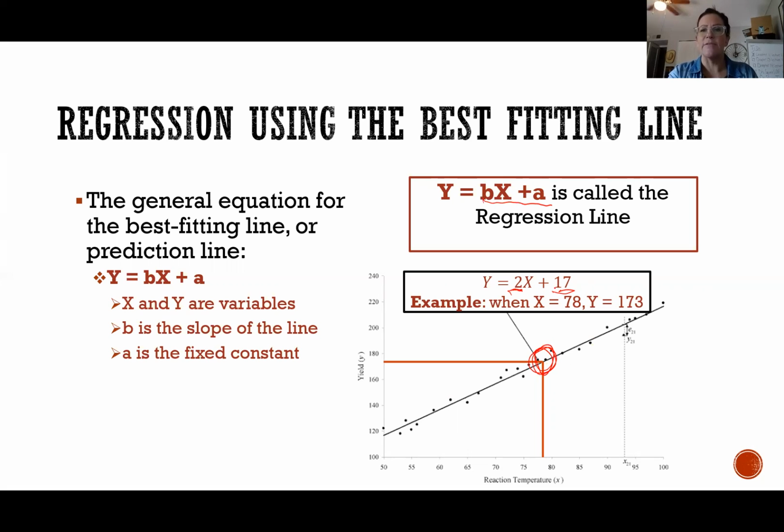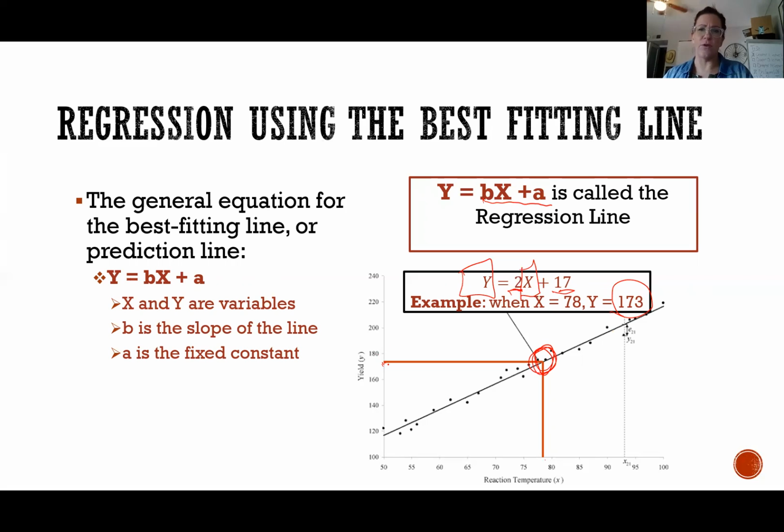We could plug 78 into that x, calculate this out, and find out what y would be. If we had an x of 78, our y would be 173. You can see that it's over here, before 180. So 78's here, and then 173's here. That's how we can start predicting.